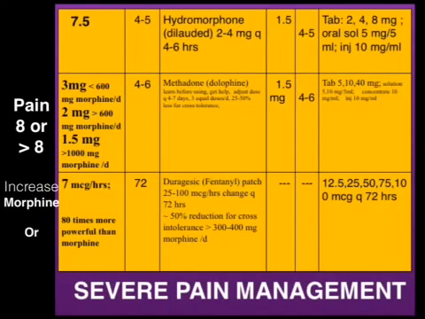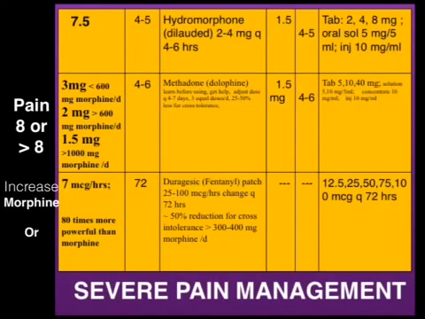And if you want to know the ratio, for less than 600 milligram of morphine, ratio is 10 to 1. 10 milligram of morphine equal to 1 milligram of methadone. Then a ratio is 15 to 1 if the person is taking 600 to 1000 milligram of morphine per day. Over 1000 milligram of morphine per day, ratio is 20 to 1.